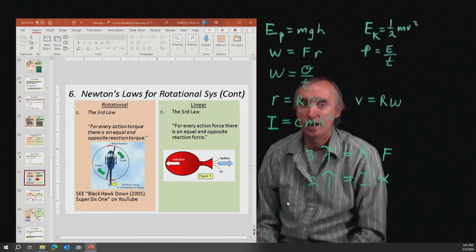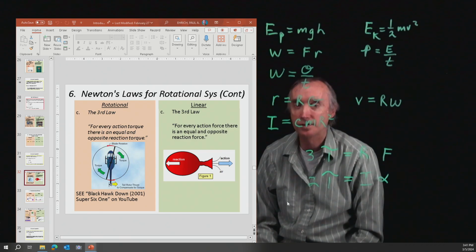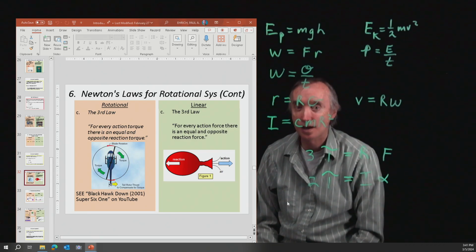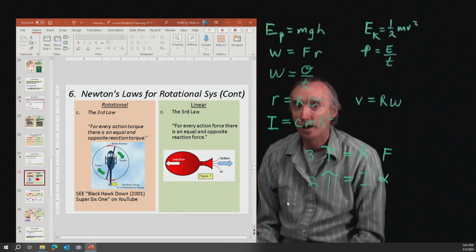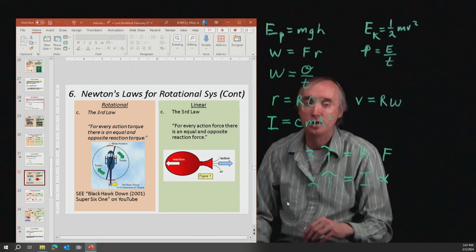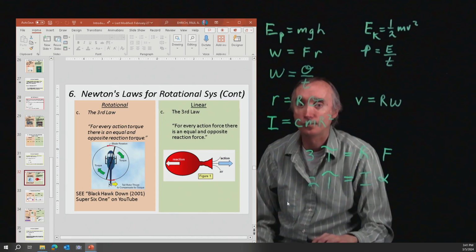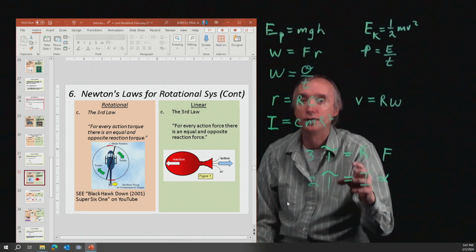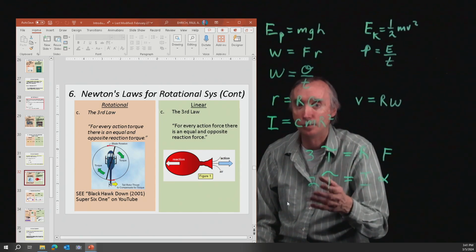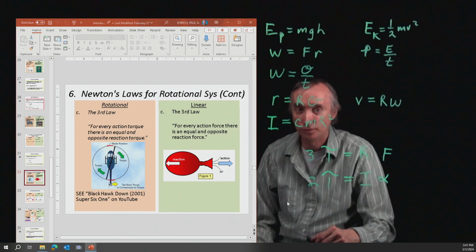If the tail rotor of a helicopter gets hit so that it stops working, what will the helicopter do and why? You would include this idea of for every action there's an equal and opposite reaction in your answer.